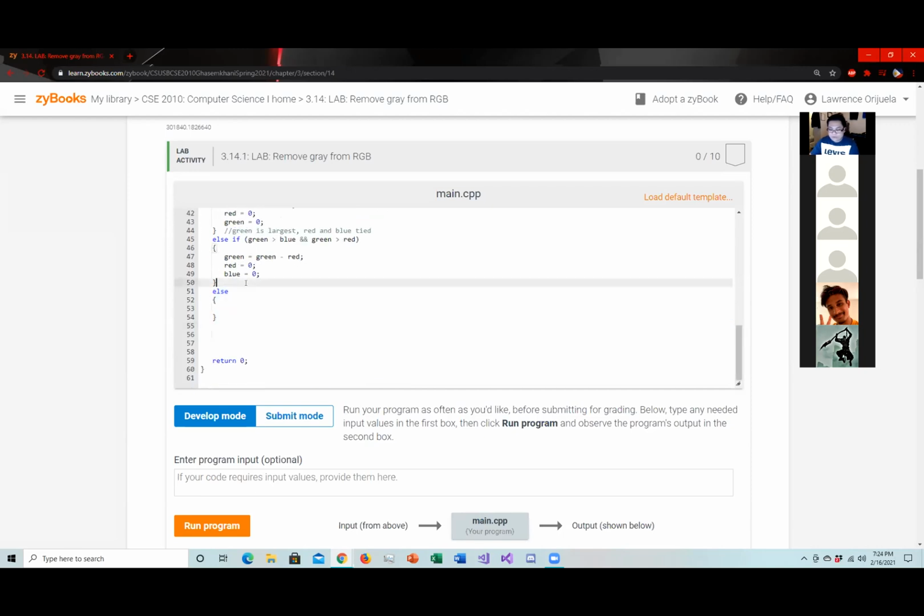So in this scenario, this would happen if all three colors are tied as the lowest. So if red equals blue equals green, like that, we would just say red equals 0, blue equals 0, and green equals 0.